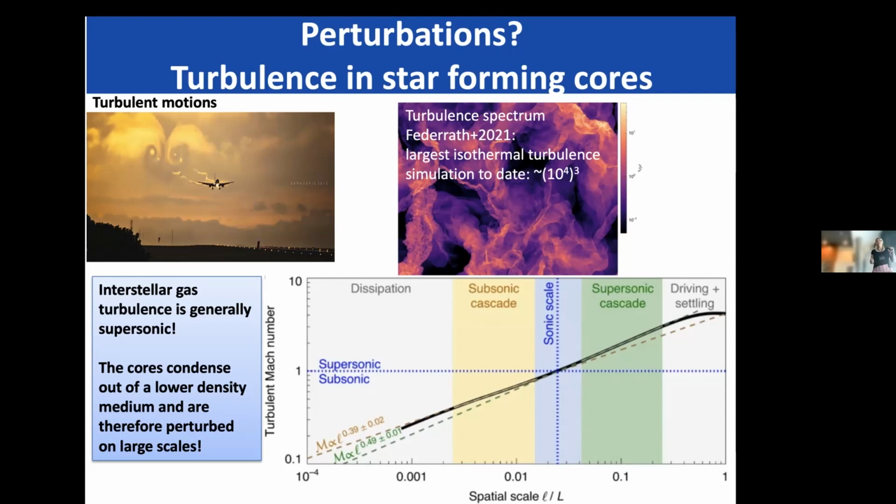And so if you wait too long for resolving some patches with higher resolution, it's already gone. Your turbulence is dissipated. So what we saw when we waited for long before we refine is that we get rotating blobby structures with a lot of solenoidal motions, because the angular momentum does not go away, but the shocks are going away, the shocks are gone.